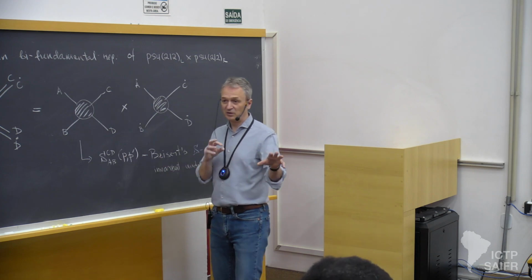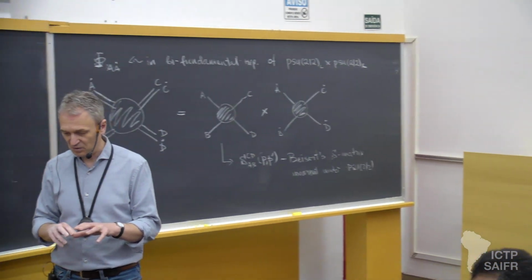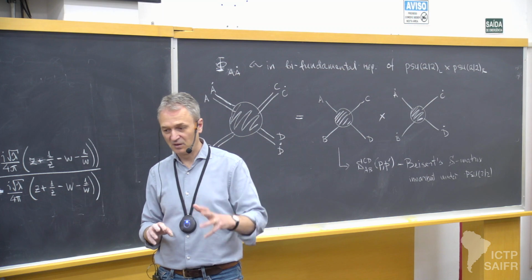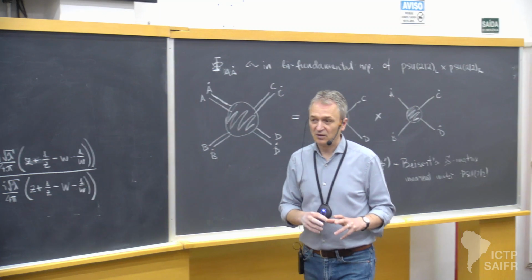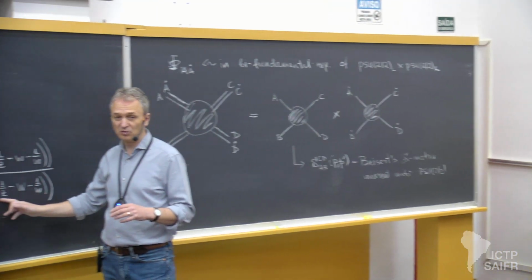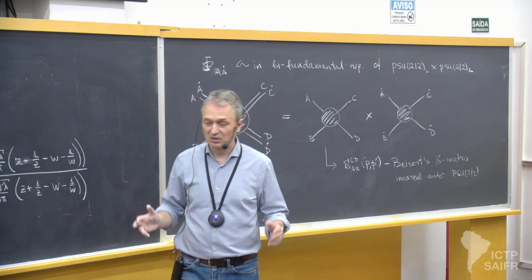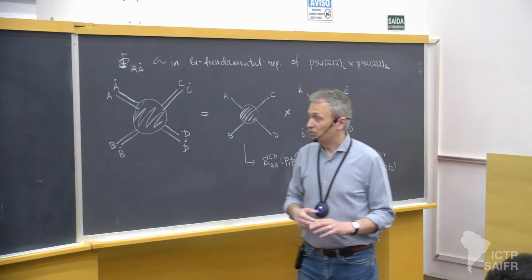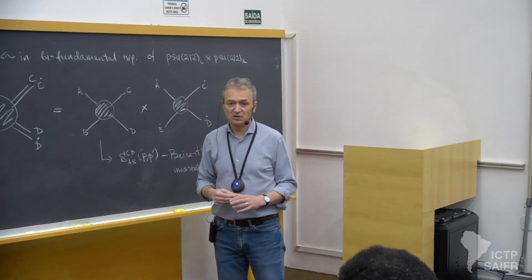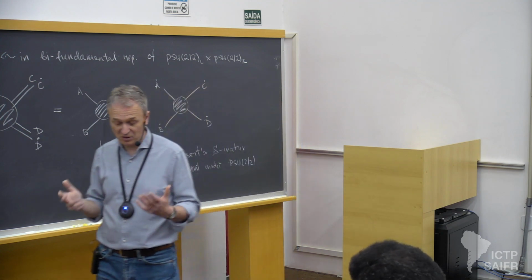So you get a functional equation that shows you what happens under discrete shifts of the kinematic variables. Actually, this phase is basically the solution to this finite difference equation. It's a minimal solution. So yes, it is representation theory. It's tensor analysis for PSU(2,2|4).